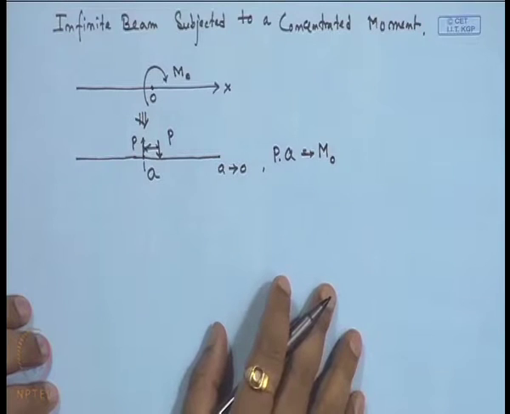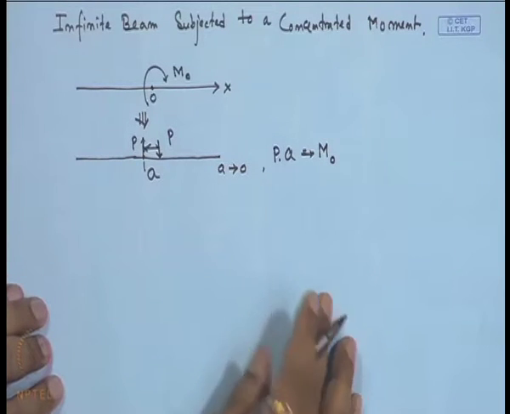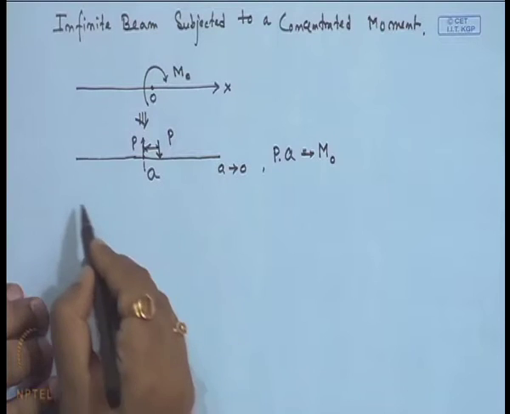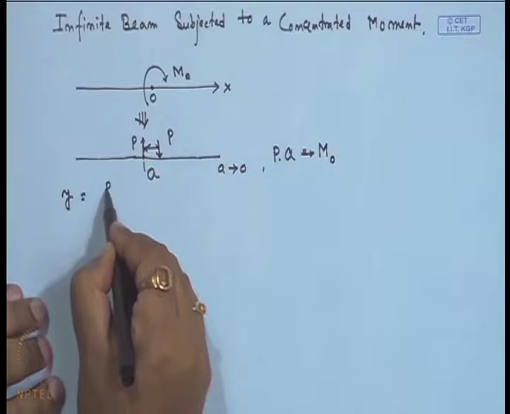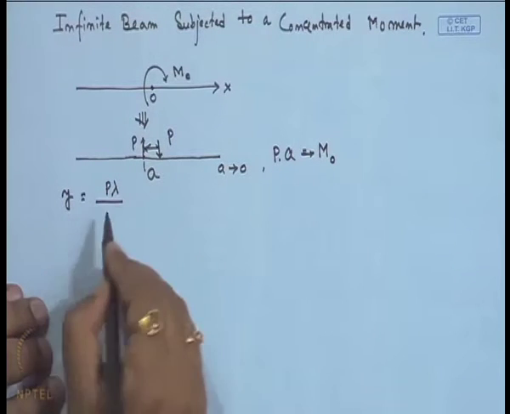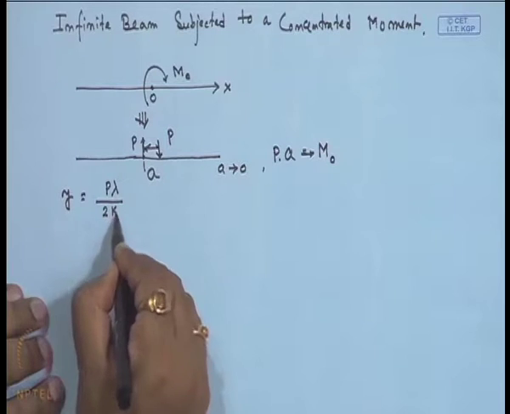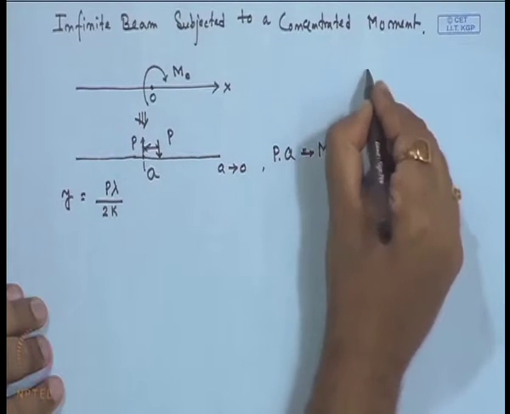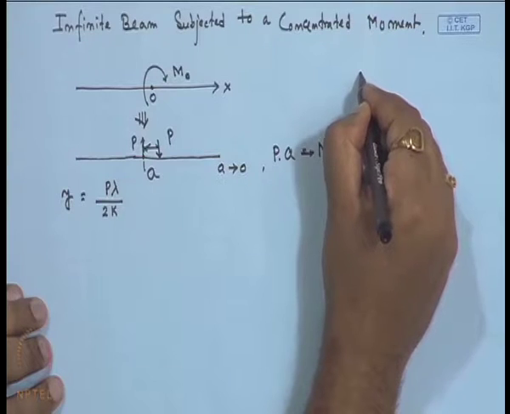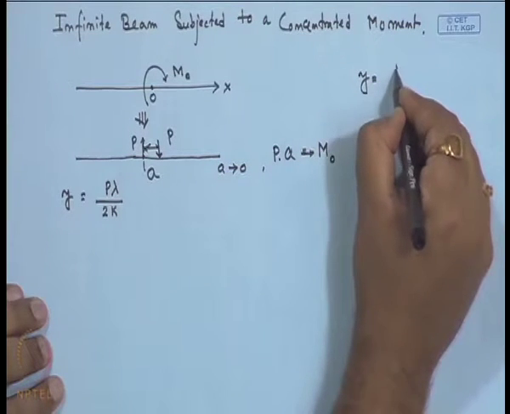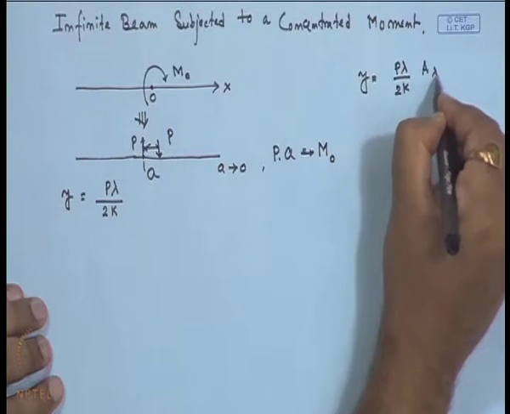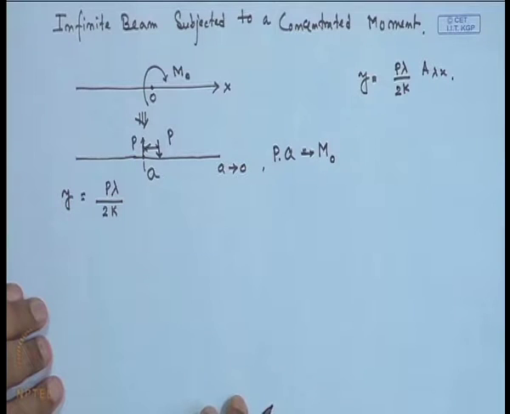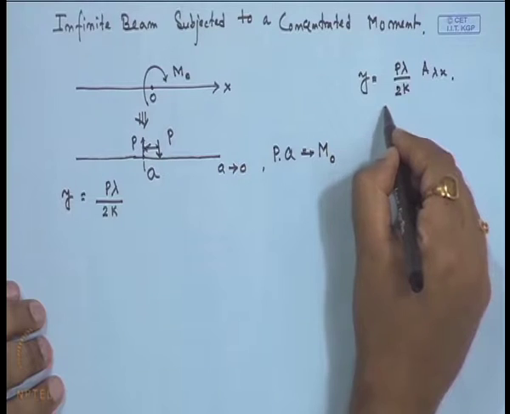Now we can write the expression of y, because for the concentrated load the expression of y is P into lambda divided by 2k into A lambda x.